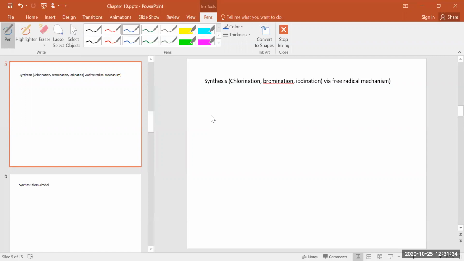As we have seen in chapter 3, if you have methane and you take halogens, mostly chlorine in this case, and light, then in the presence of light energy, if you take excess chlorine, all the hydrogens will be replaced via a free radical mechanism.